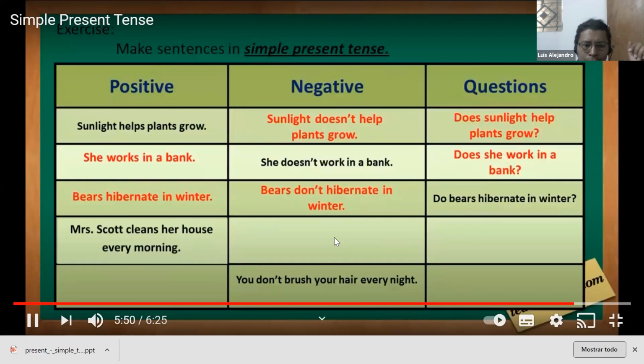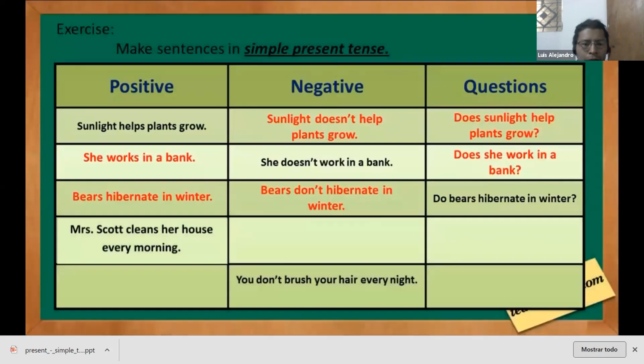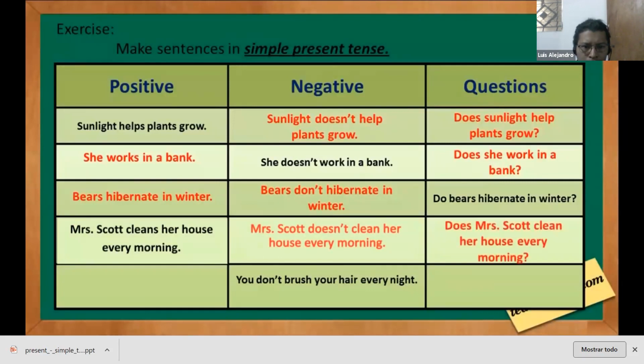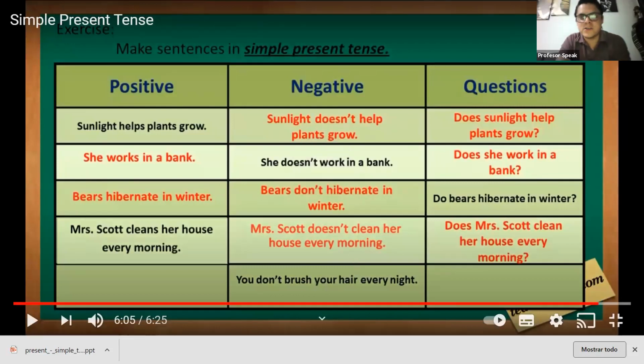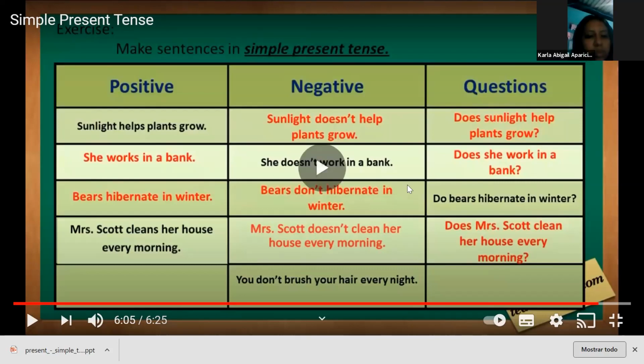Mrs. Scott cleans her house every morning. The negative statement should be, Mrs. Scott doesn't clean her house every morning. And the question is, does Mrs. Scott clean her house every morning? How about this one? Correct. Good.